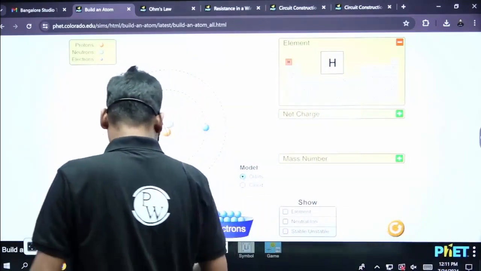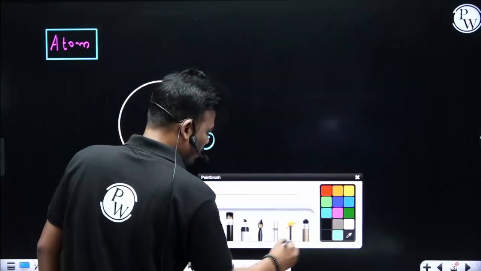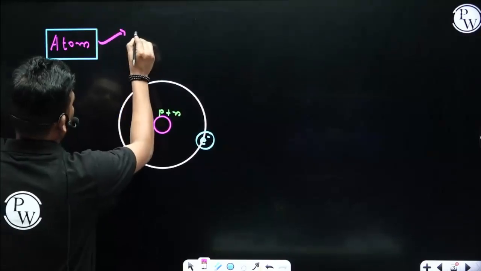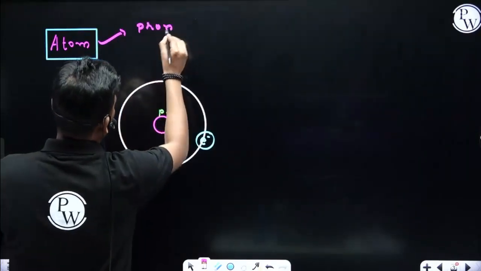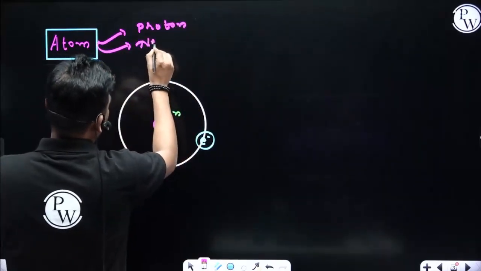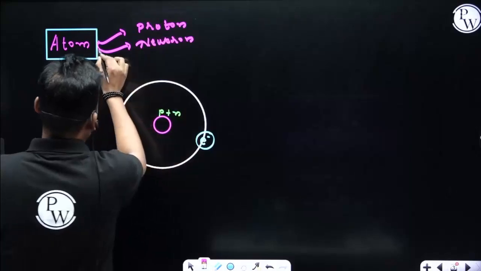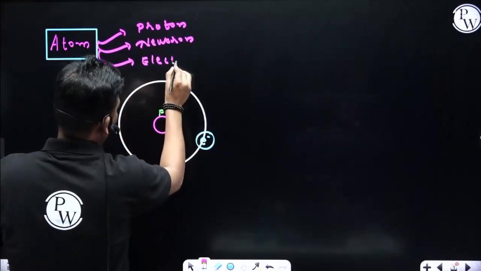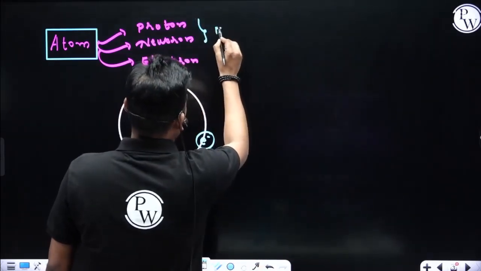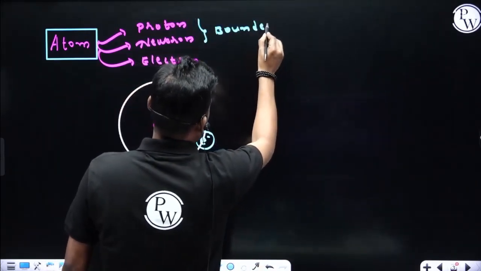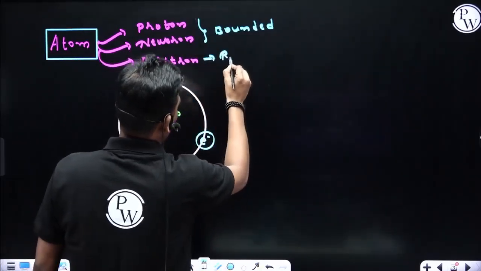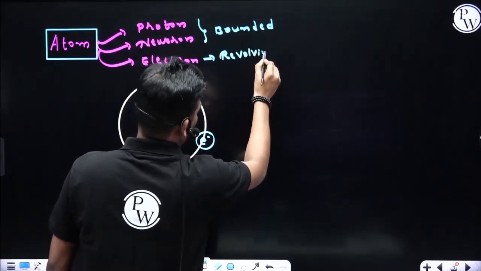When we consider an atom, we notice three subatomic particles: the first, a proton; the next, neutron; and the next, electron. The proton and neutron are bounded into the nucleus, and the electron will be revolving around the nucleus.